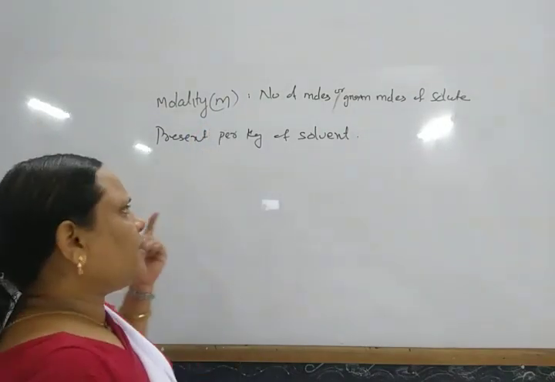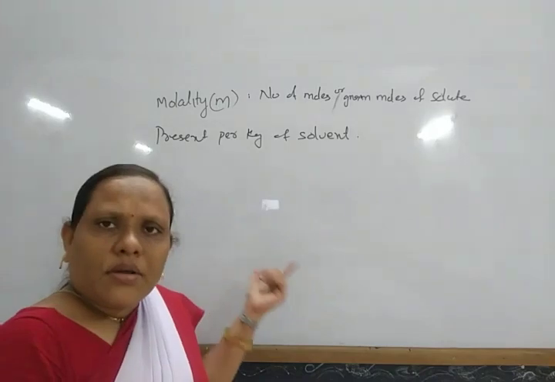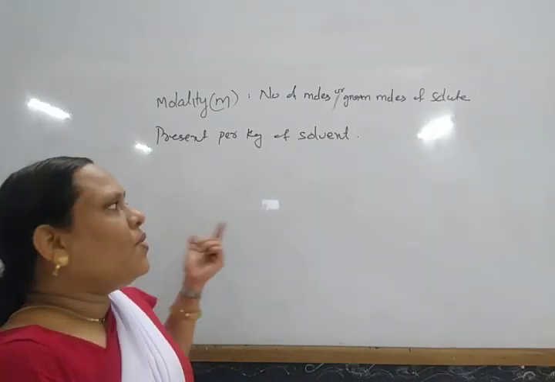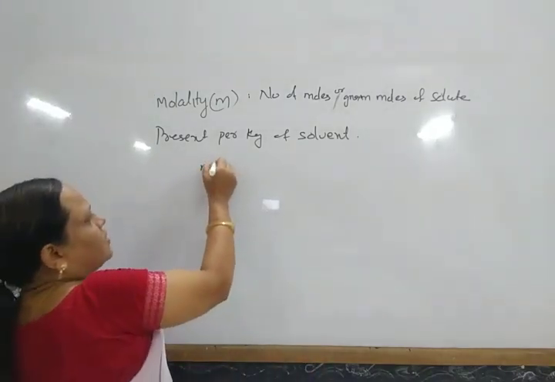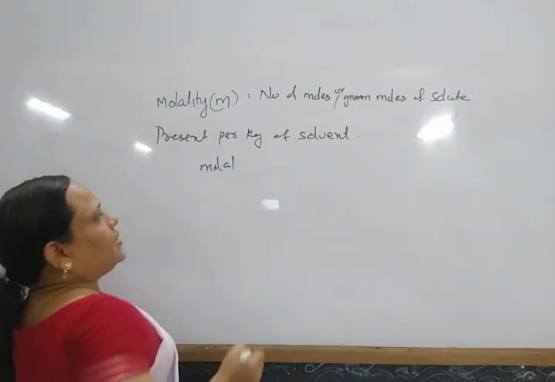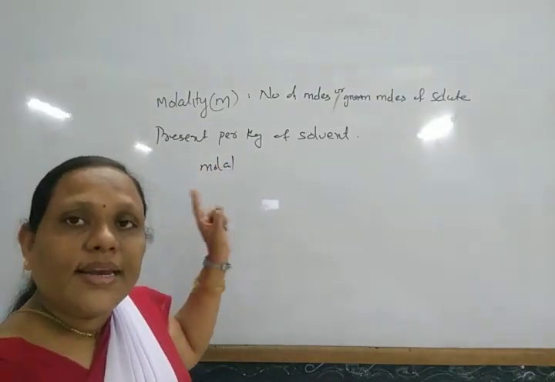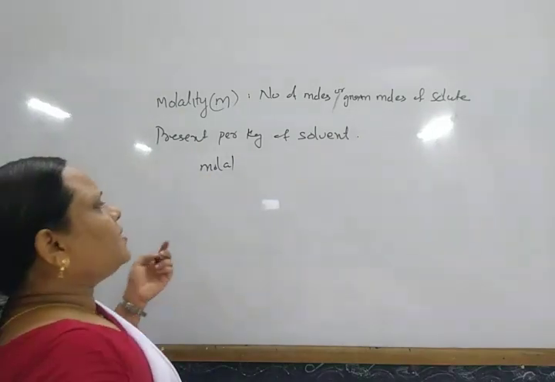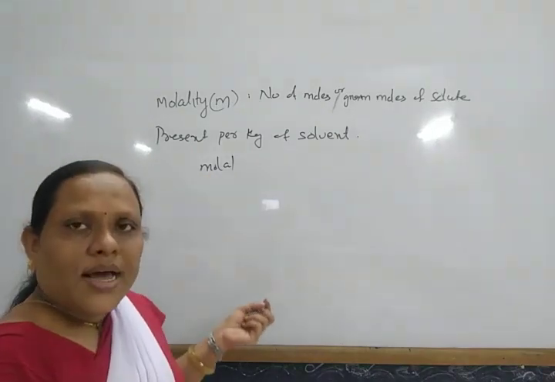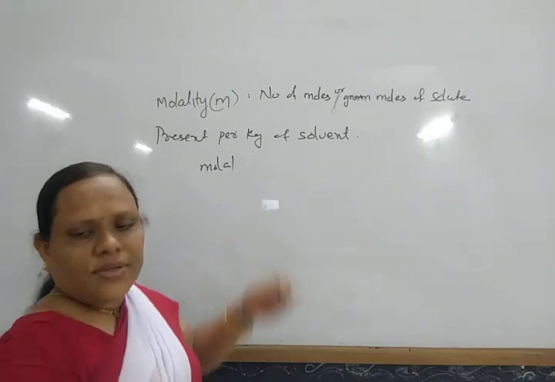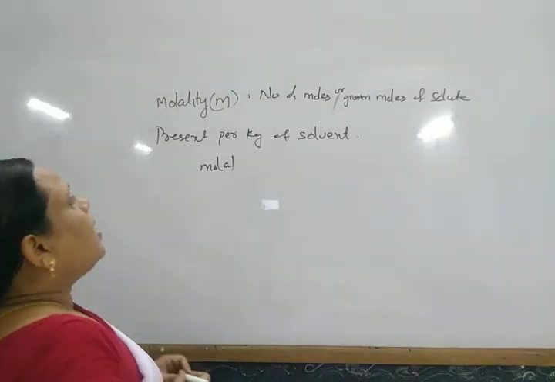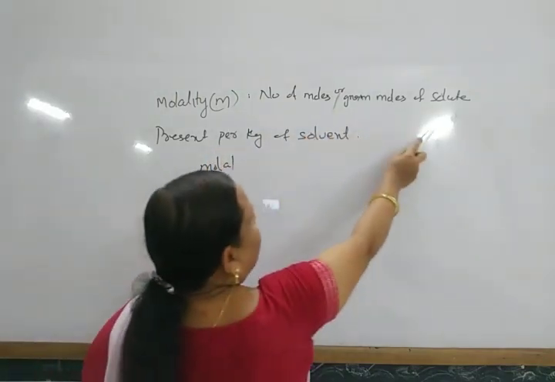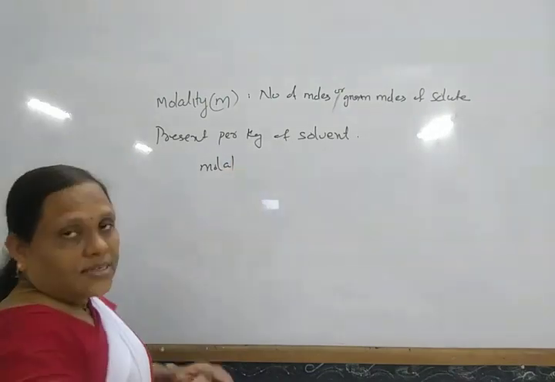Molality is also explained in terms of 1 molal, semimolal, decimolal. The solution is called molal, just as in molarity it is called molar. In this way, it can also be expressed in different ways. So number of mole gram of solute present per kg of the solvent.